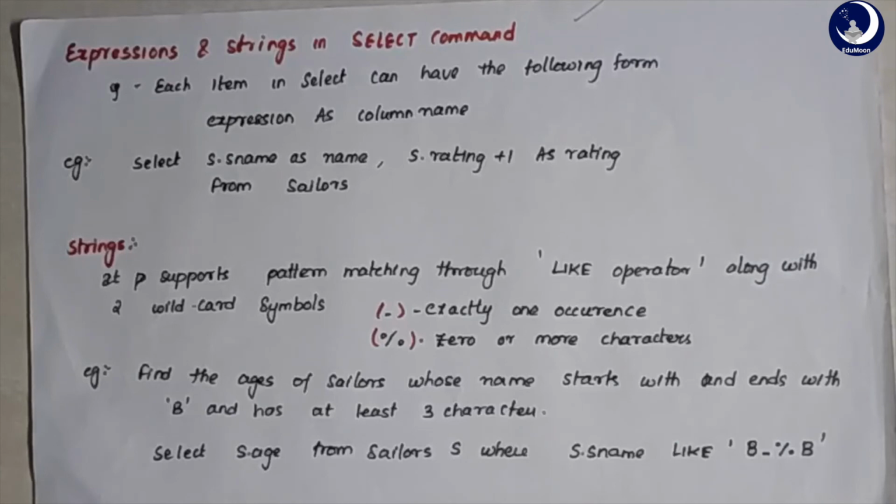So in the select list you can specify the expressions in this form. Each item in the select can have the following form: expression as column name, where the expression can use operators, mostly arithmetic operators.